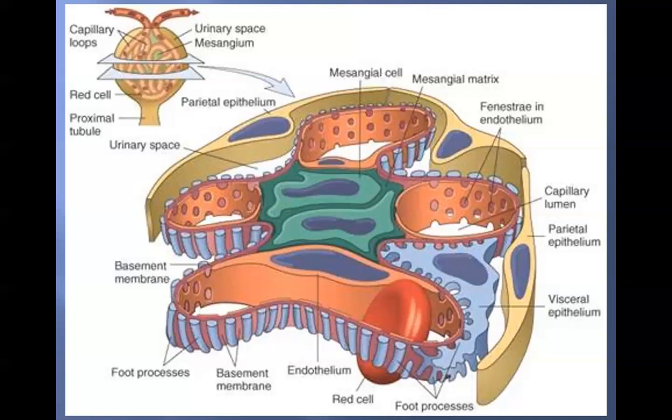This is one, right? Bounded by mesangial cells, right? One mesangial cell, two mesangial cells holding these four capillaries. Then again, you have another four capillaries.